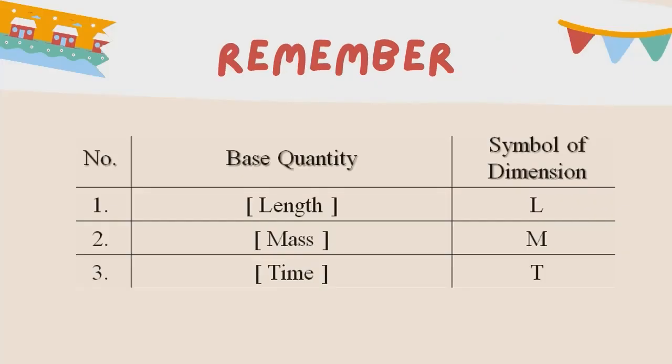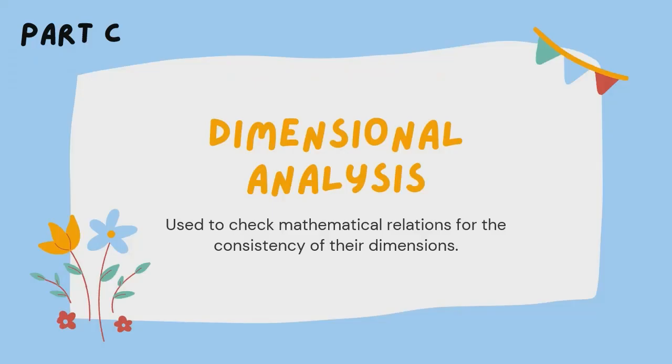So remember, in order to determine a dimension for physical quantities, you should know these three symbols of dimension, L, M, T. Next, part C. Part C is where you do dimensional analysis. Okay, heads up.